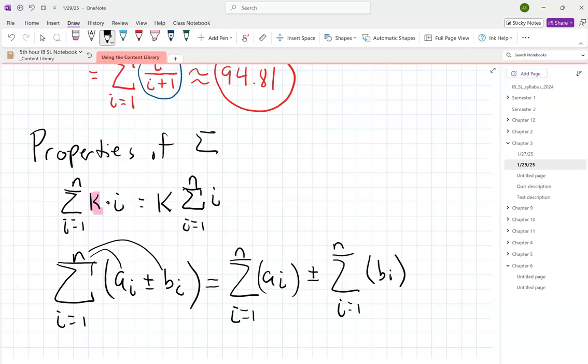And I can do each sum separately and then take the answers and add them together, or subtract them depending on what it is. So those would be the 2 big ones that might be useful.